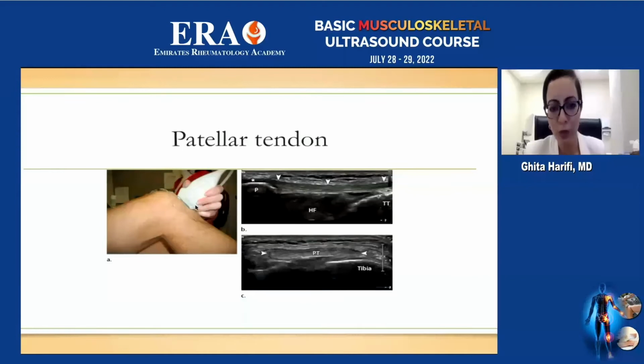So this is a longitudinal view. You can also appreciate a transverse view of the patellar tendon. This image is a transverse view of the patellar tendon and the distal insertion on the tibia, and you can appreciate here its broad and flat structure, quite a flat tendon at this level.